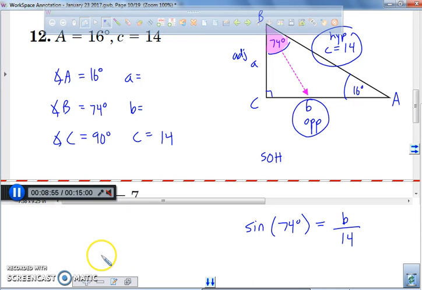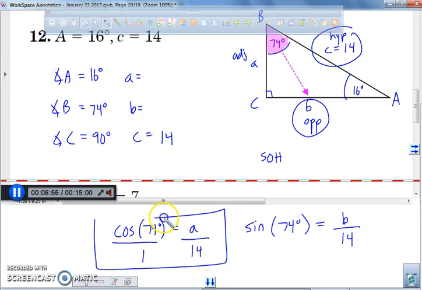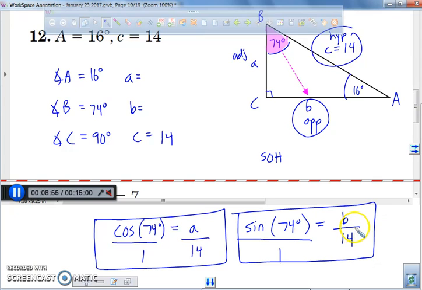By the way, if you wanted to find the lowercase a, that's what? The adjacent over the hypotenuse. If you want to find lowercase a, you could say the cosine of 74 degrees equals my adjacent side, lowercase a, over my hypotenuse. By the way, this ratio right here, everybody, will give you lowercase a. This proportion will give you lowercase b.